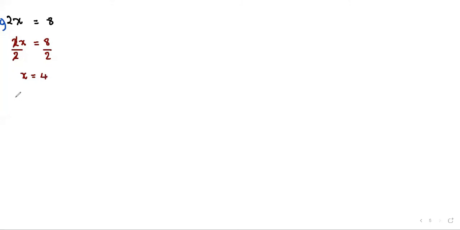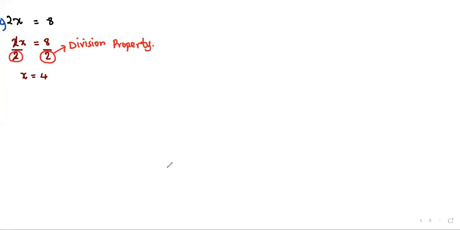So quickly, you see that the value of x is 4. Now, by dividing by 2 here and dividing by 2 here, we are using the division property. I hope you can get that.